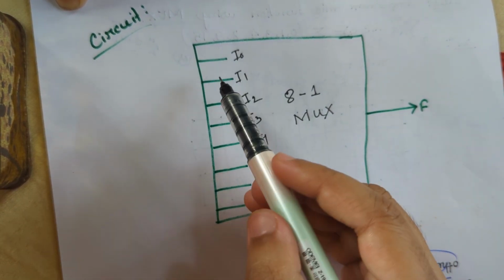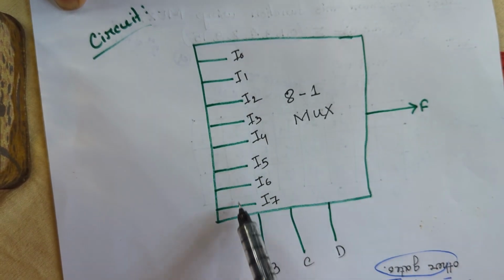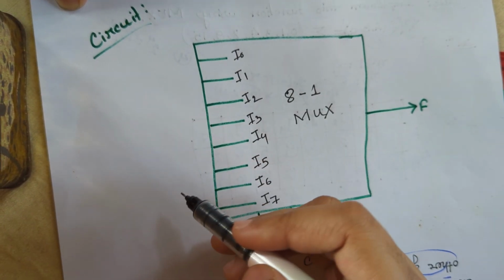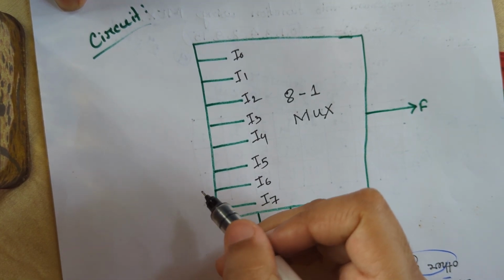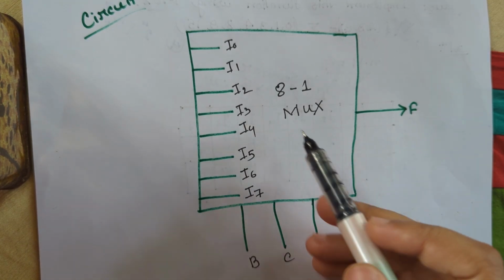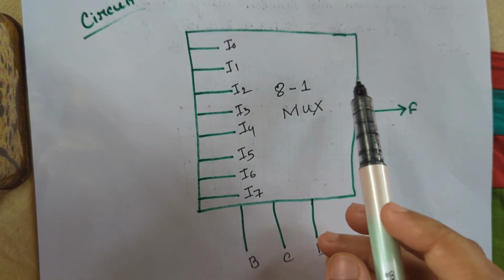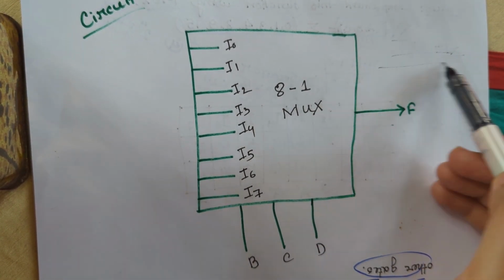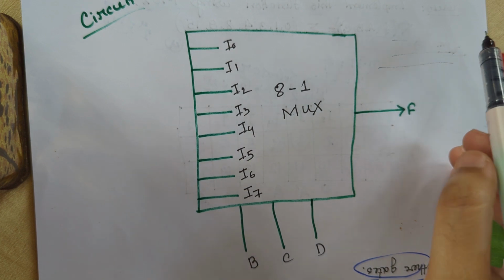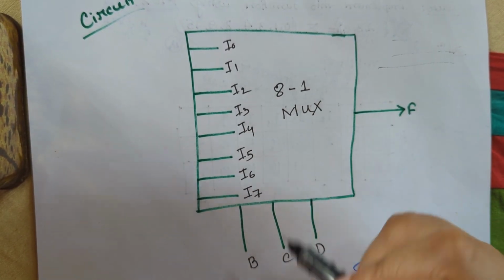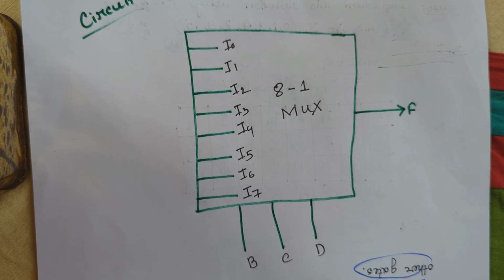Let's see which inputs will be given to these 8 input lines. For this we have drawn our truth table. Here A is used to decide which group of inputs, upper or lower 8 inputs, is selected. We have said that there will be 2 groups of 8 inputs. So A is used to select which input will go to our circuit.